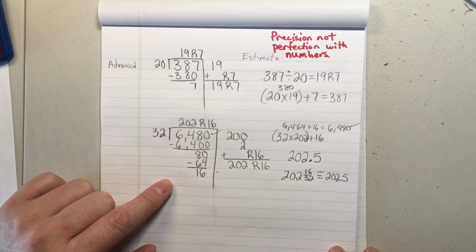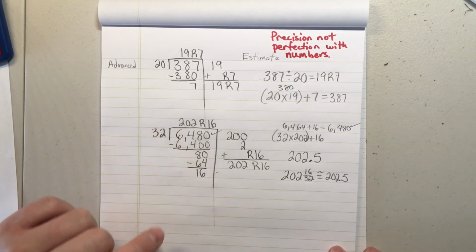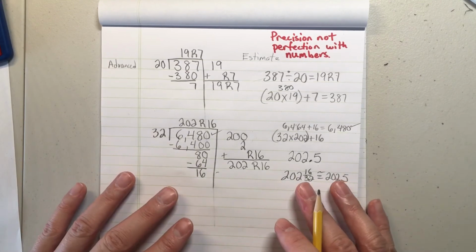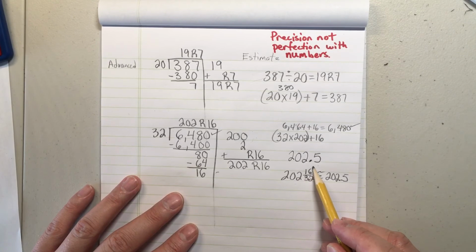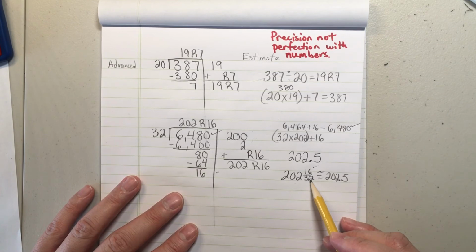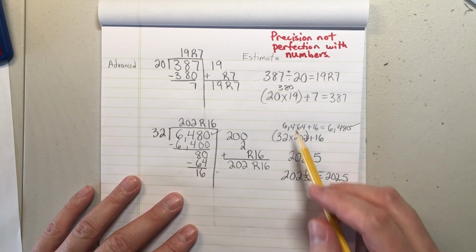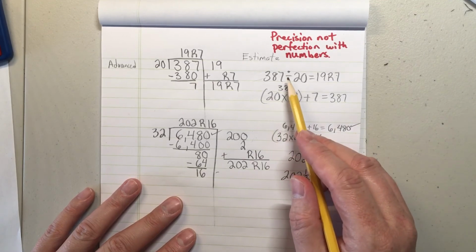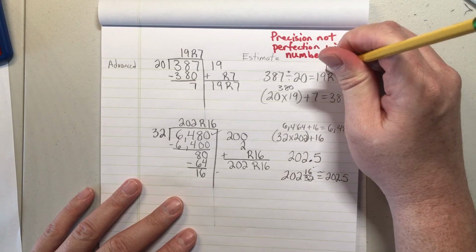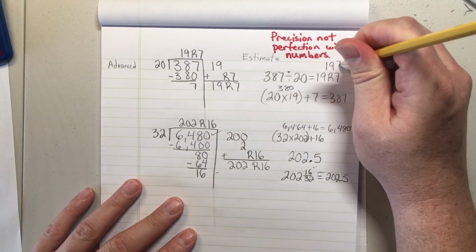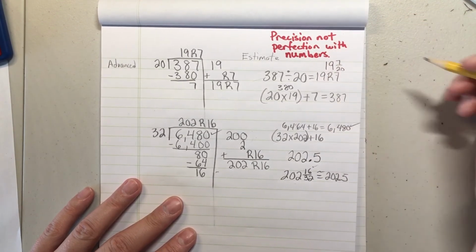So we can express this as a fraction of a number, even though we're not actually dividing into it. And we can write any division problem like this, where we have the remainder on top of the divisor. So for example, with this problem right here, I can also express the answer as 19/7/20 if I wanted to.